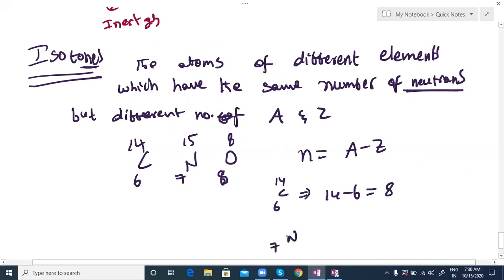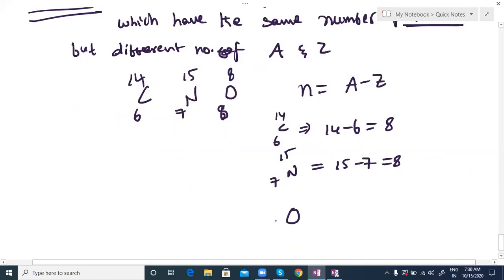For nitrogen, 15 minus 7, 8 only. Oxygen, 16 minus 8, 8. So all have the same number of neutrons. So all these are isotones.